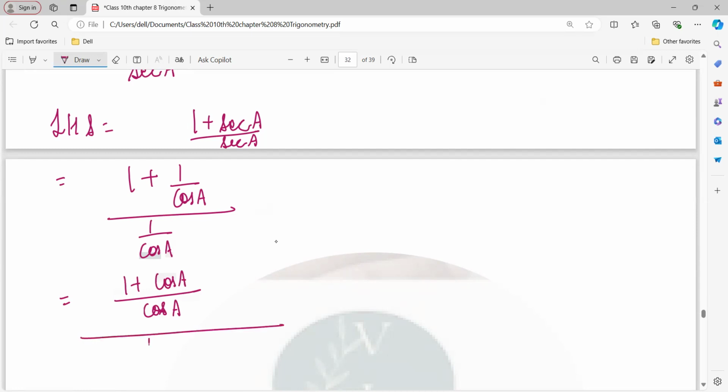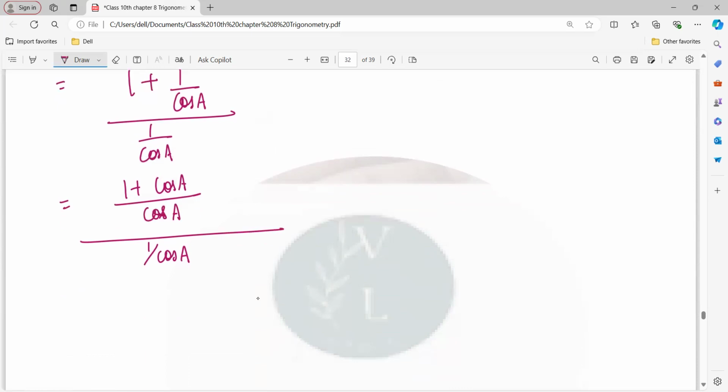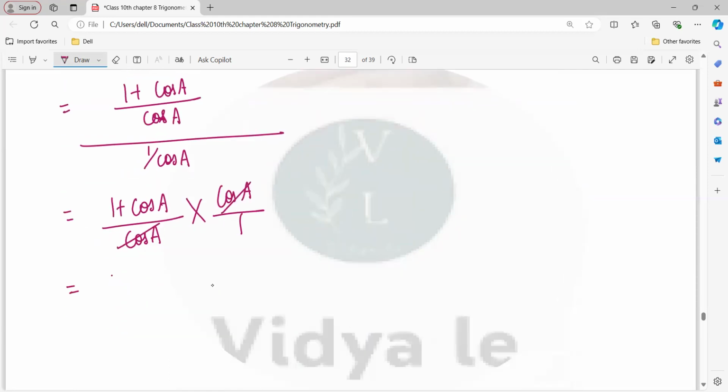And in the denominator we have 1 upon cos A. Clear? Now, when the two terms are dividing, and we want to multiply, we'll take the reciprocal of the two terms. So it will be 1 upon cos A into cos A upon 1. This cos and cos will cancel out each other. So we're left with 1 plus cos A.